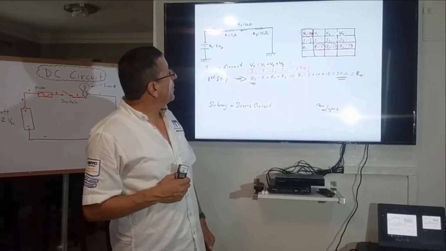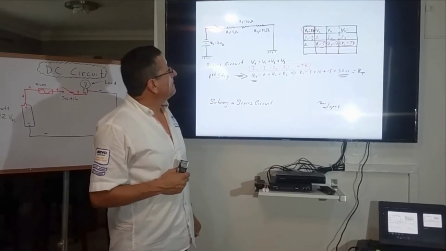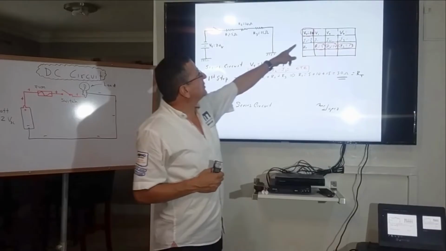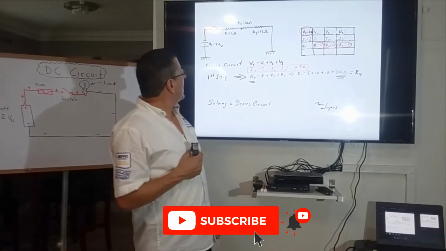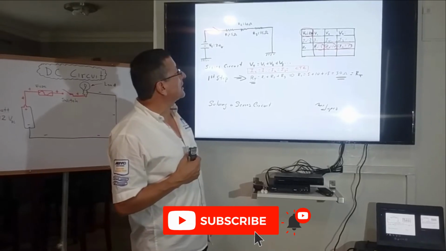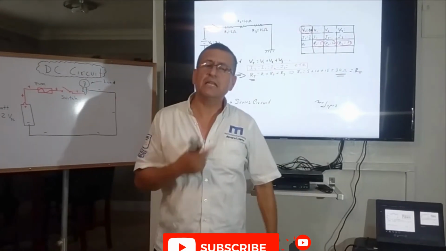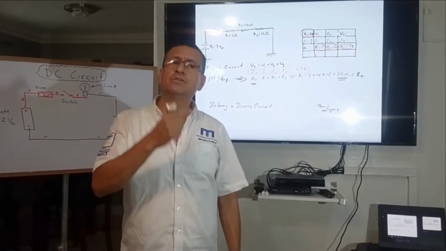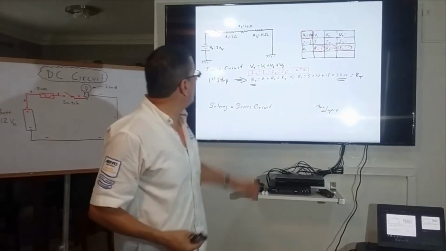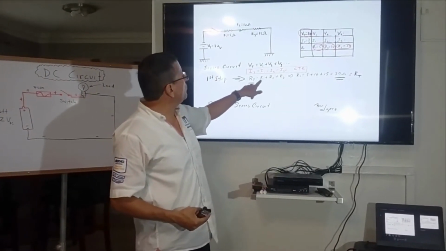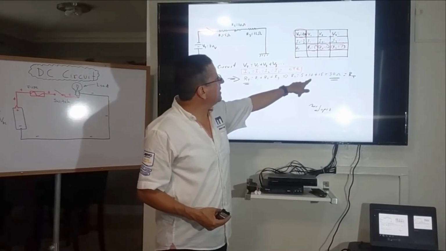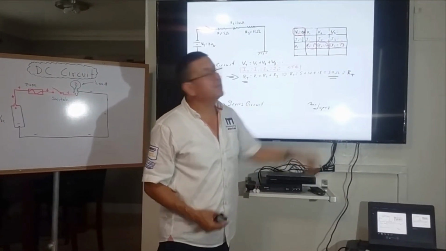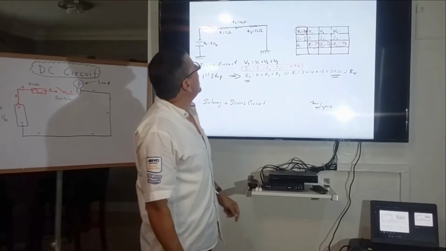Probably the total intensity. But the only way to calculate the total intensity is if I know the total resistance. But I can calculate the total resistance. How much is the total resistance in a series circuit? It is equal to resistor number 1 plus 2 plus 3. 5 plus 10 plus 15. The total resistance is 30 ohms.